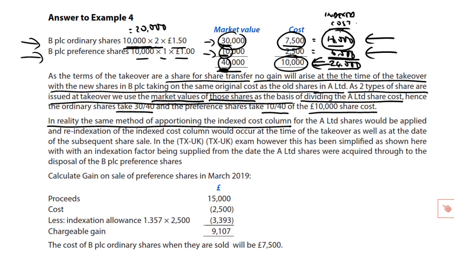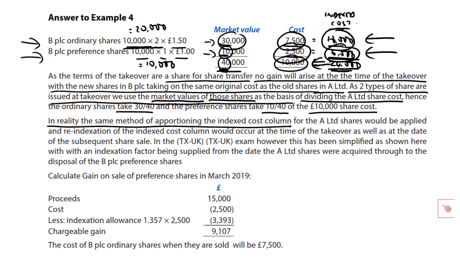You could then deal with any future disposal out of that shareholding. For your preference shares, you would have 10,000 times 1 equals 10,000 shares held, deemed to have a cost of 2,500, and with this number anyway, deemed to have an index cost of 6,000, again at the date July 15, and that would start up a new share pool for those shares.